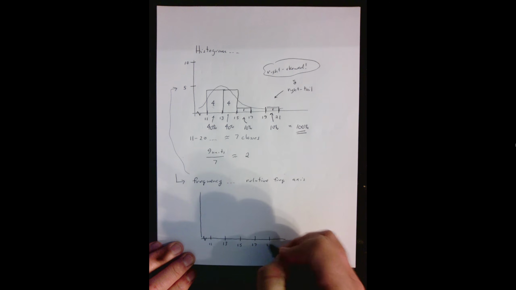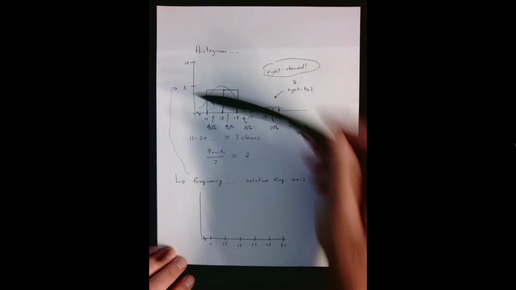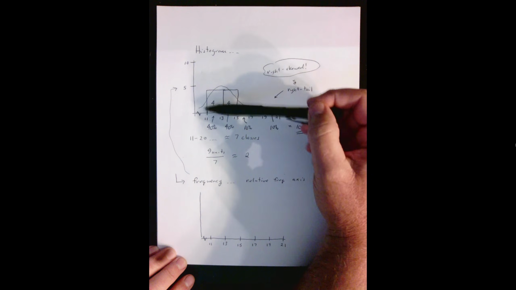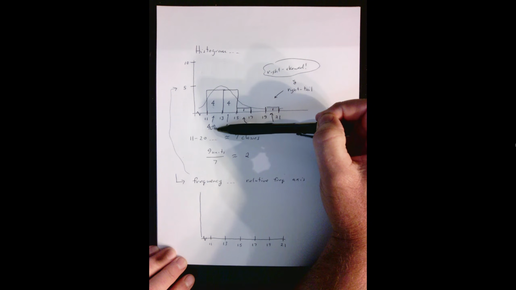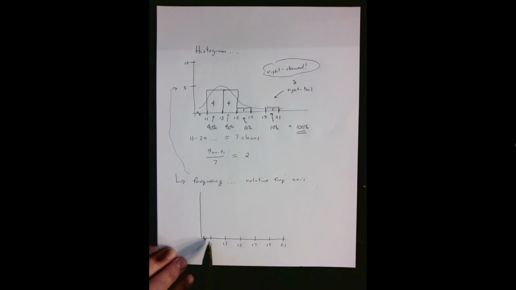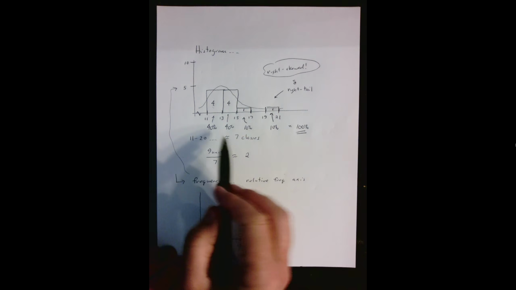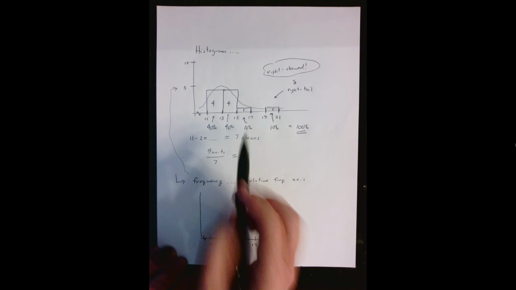Up to 21. But now, instead of focusing on the counts, the frequency within each particular class, we're going to look at the proportion, or the relative frequency. So 40% of the observations were between 11 and up to, but not including, 13. So I have 40%, 40%, 10%.